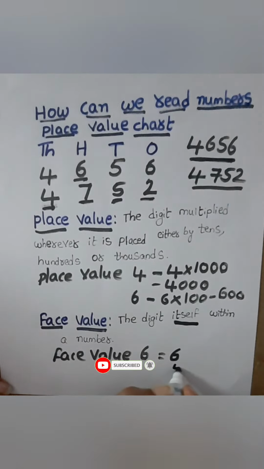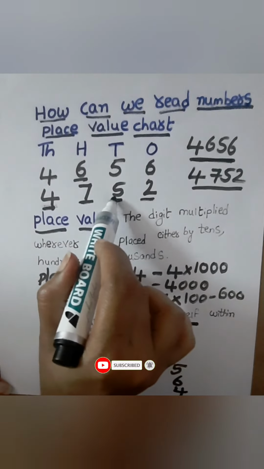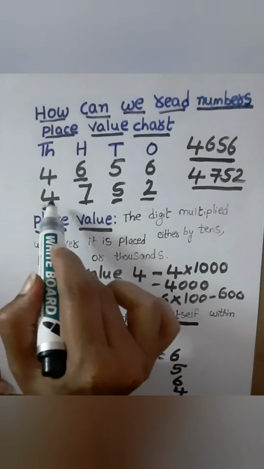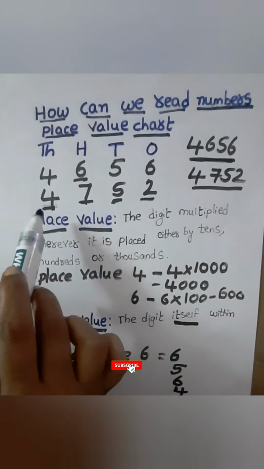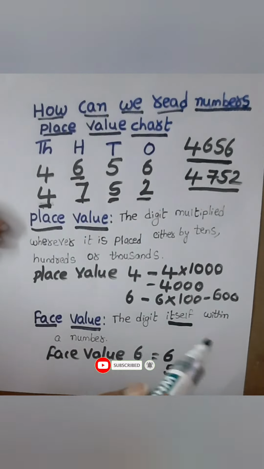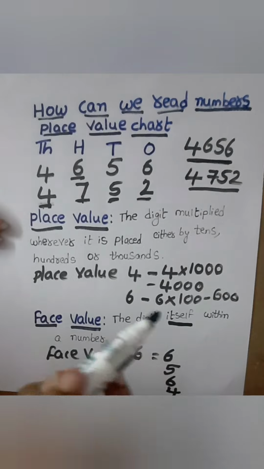Face value of 5 is 5. Face value of 6 is 6. Face value of 4 is 4. Face value of 2 is 2. Face value of 5 is 5. Face value of 7 is 7. Face value of 4 is 4. But the place value of 4 is 4000, and the face value of 4 is 4. That means the digit itself within a number is called the face value.